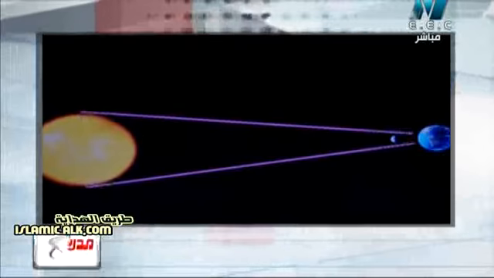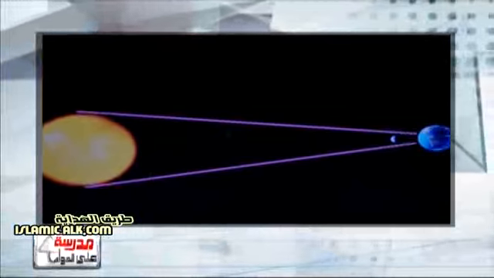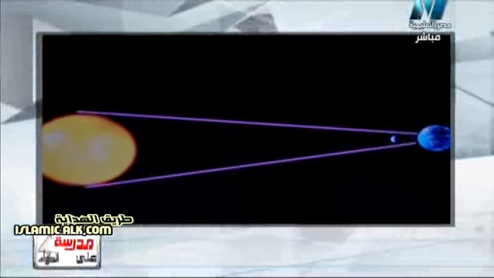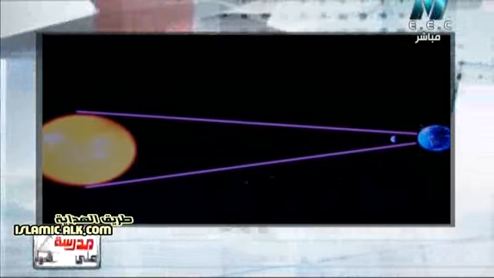If the earth comes in the middle, it will be lunar eclipse. As we have recognized, light travels in a straight line and causes umbra and penumbra. In this area of umbra, I will have a total solar eclipse. In the area of penumbra, here and here, I will have a partial solar eclipse.